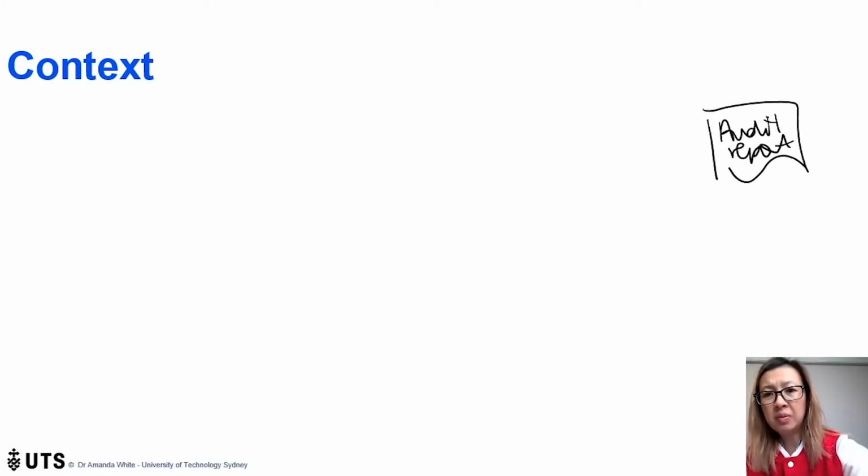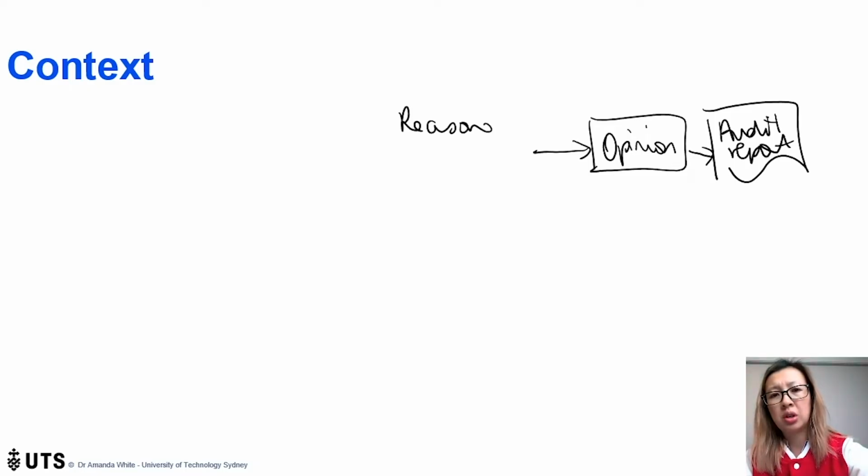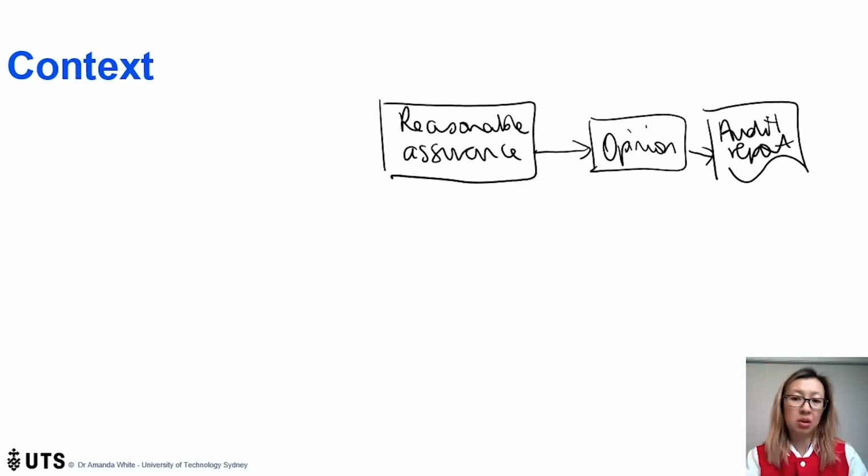The audit report contains an opinion, and to be able to give that opinion, we need to gather reasonable assurance that the financial statements are going to be free from material misstatements. Now, how do we get that reasonable assurance? How do we make that decision?